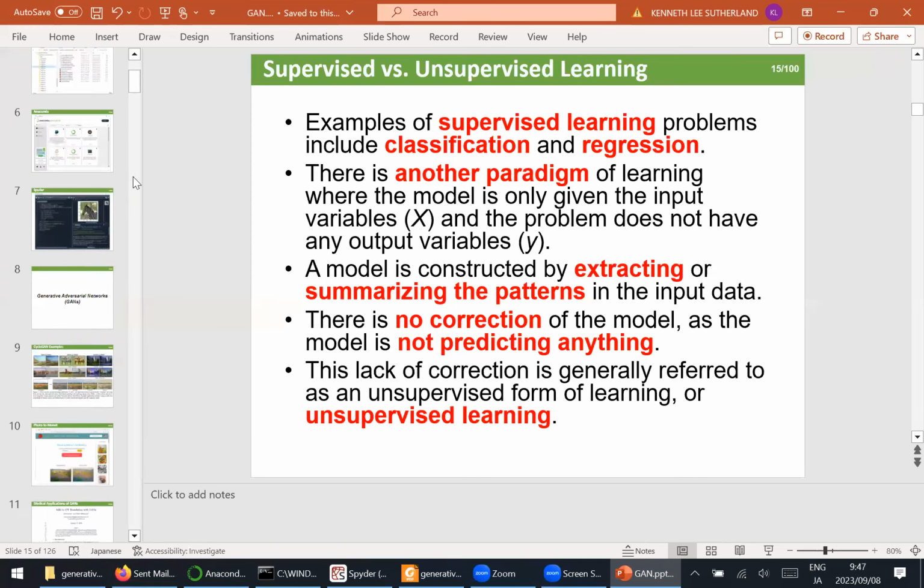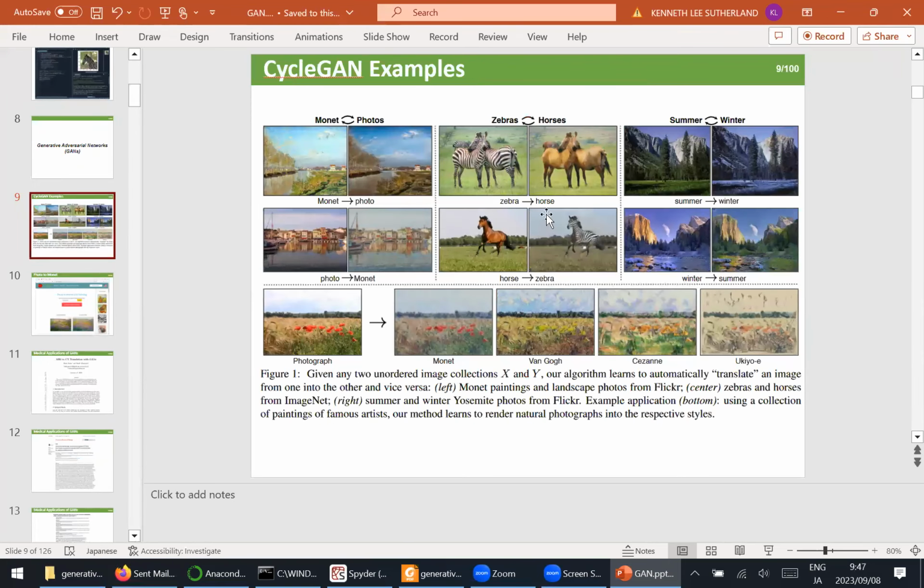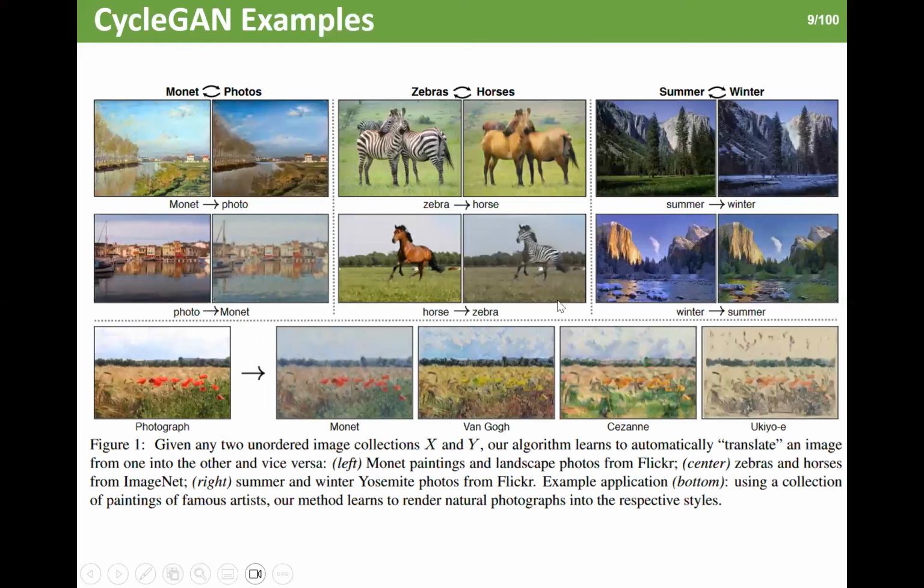On this image, we collect 1,000 zebras, and we collect 1,000 horses. But this image of the horse does not exist. You cannot say that this is a correct image. It was generated from the zebra.